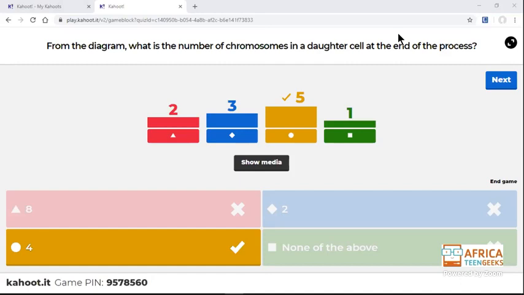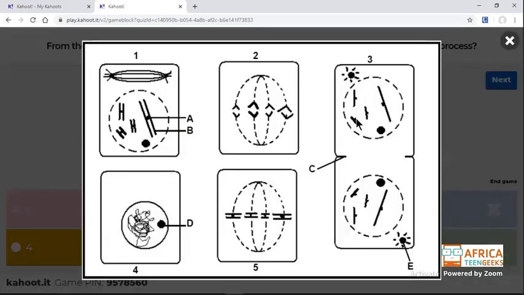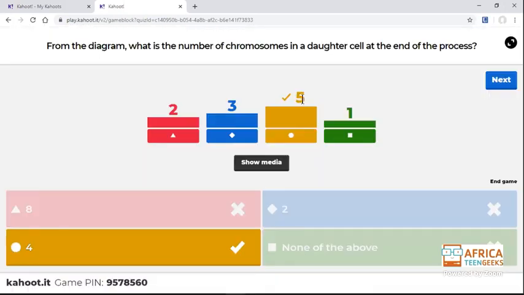So it has 4 chromosomes. So at the end of the process, it has 4 chromosomes because it's 1, 2, 3, and 4, guys. It didn't say daughter cells, but a daughter cell. So it's 1.